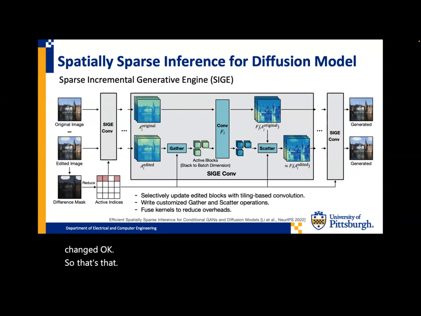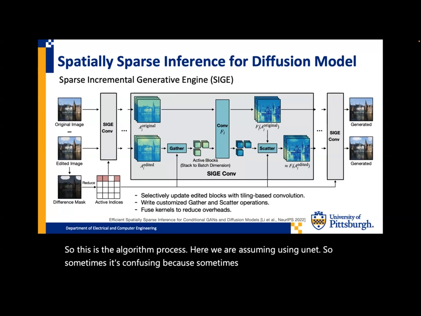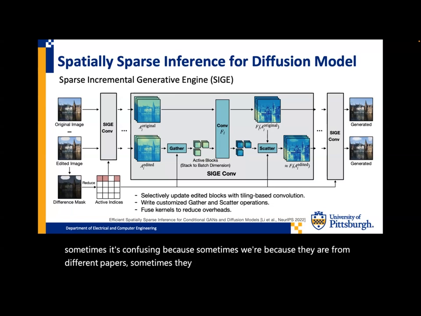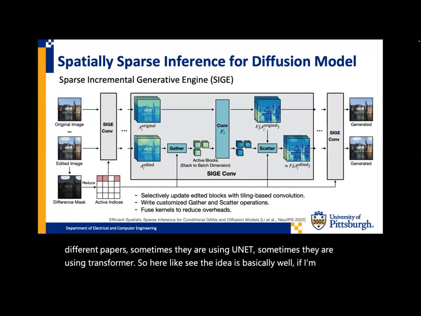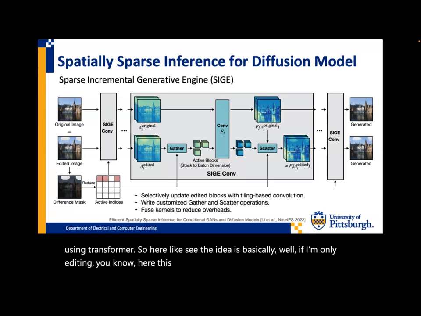So this is the algorithm process. Here we are assuming a UNet. Sometimes it's confusing because these come from different papers; sometimes they use UNet, sometimes they use a transformer. Here, this is the original image, and I'm only editing by adding two clouds to the top.